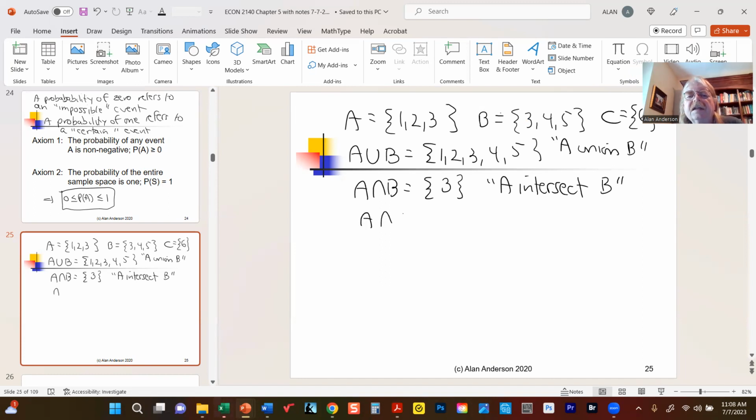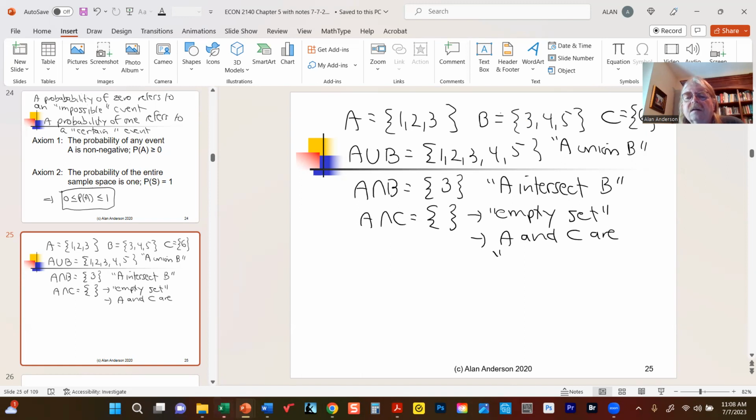A intersect C: there's nothing in common between A and C, so we have what's called the empty set. There's nothing in there. They have nothing in common. And we say that A and C are mutually exclusive. It simply means they have nothing in common.